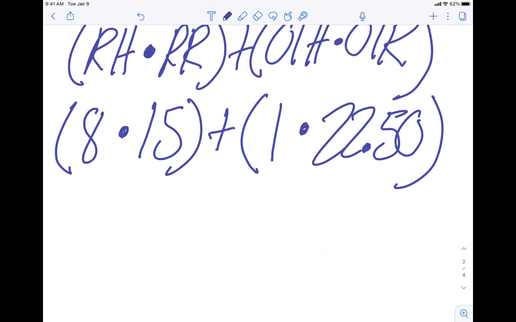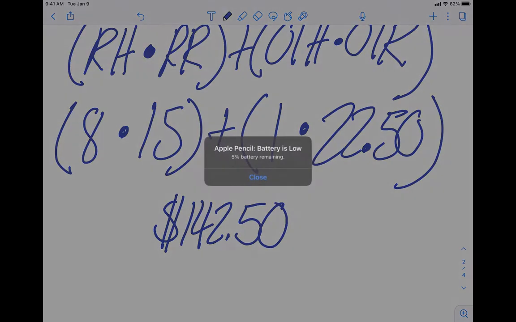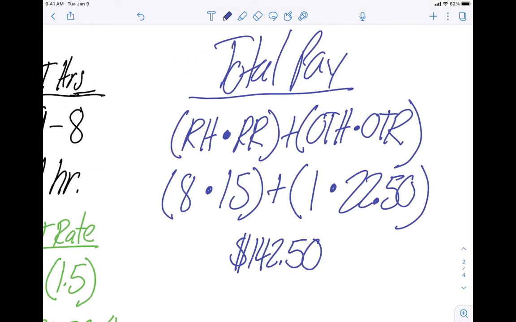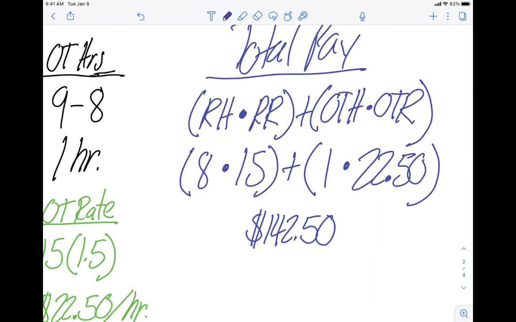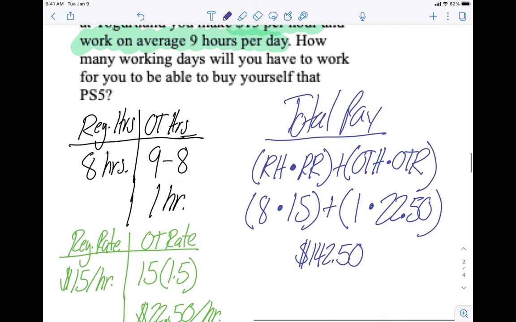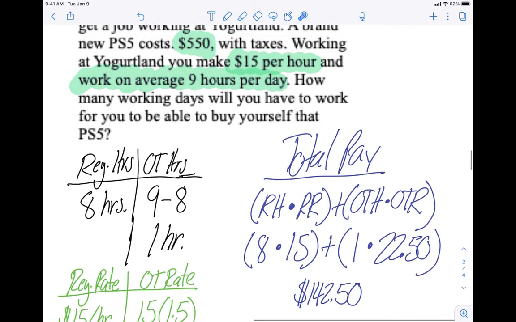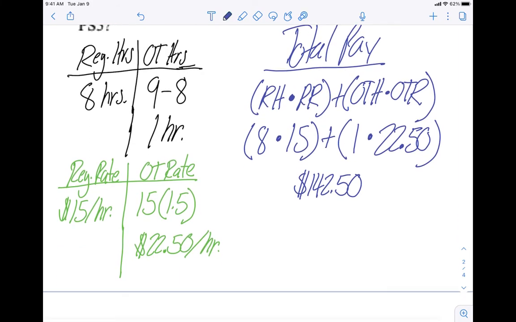So 142.5, and let me add a 0. Ooh, the pencil's low. Okay, so the question said, how many working days will you have to work to be able to buy this PS5? Well, this is how much you make in one day. How much is the PS5? $550. So let's see.